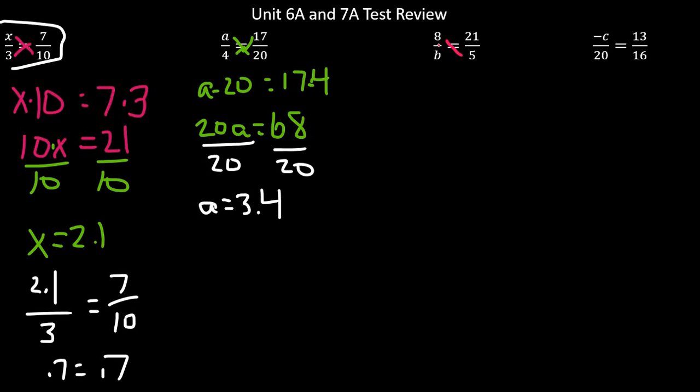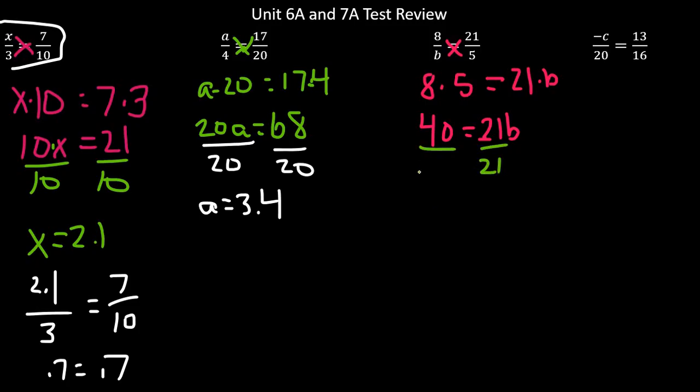And the next one, we're still going to cross multiply. So we're going to have, for this one, 8 times 5 equals 21 times b. 8 times 5 is 40, and 21 times b is still 21b. So when we divide both sides by 21, this may be the best way to leave our answer.